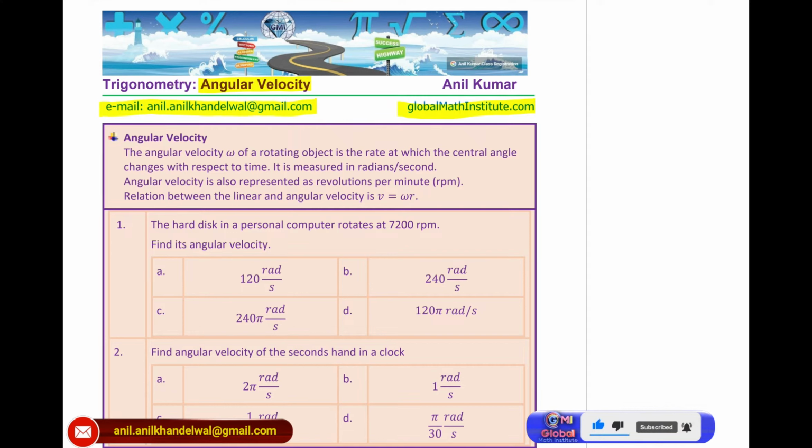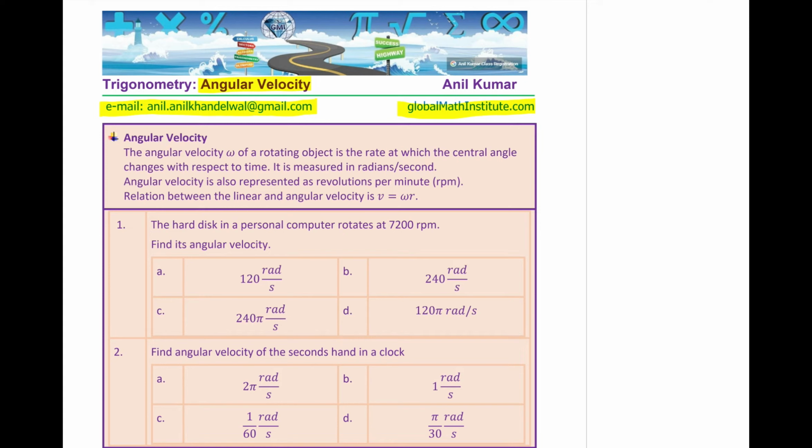Let us try to understand what angular velocity is, and then we are going to take 5 most important questions on this particular topic. The angular velocity omega of a rotating object is the rate at which the central angle changes with respect to time.